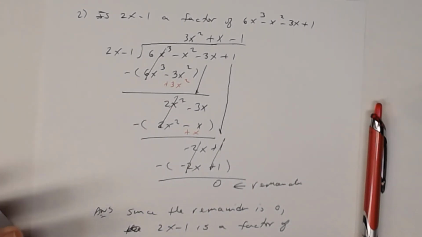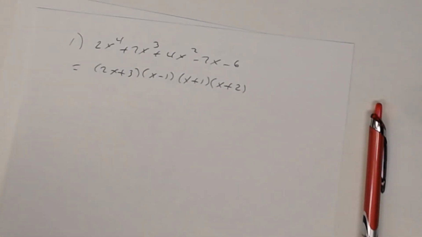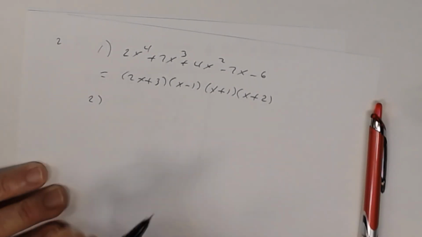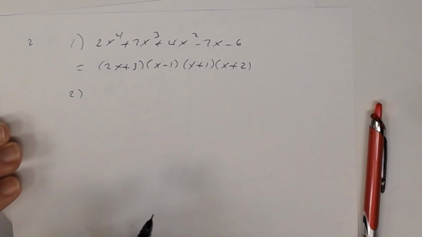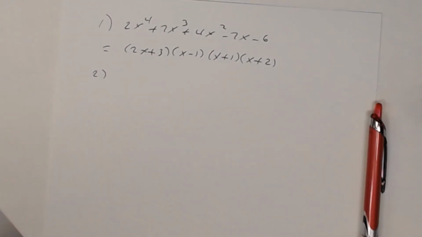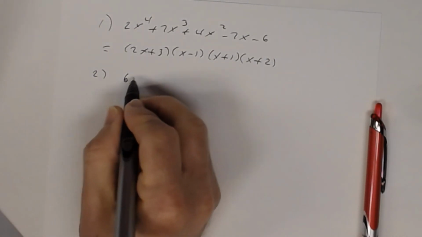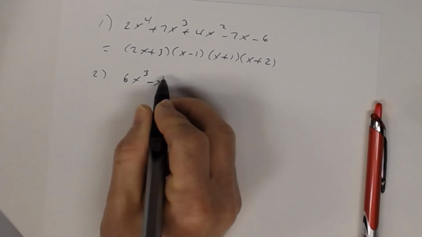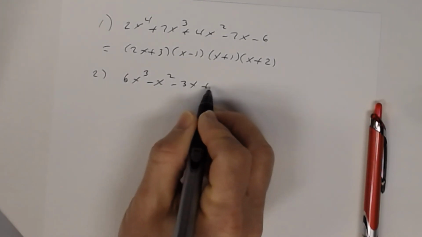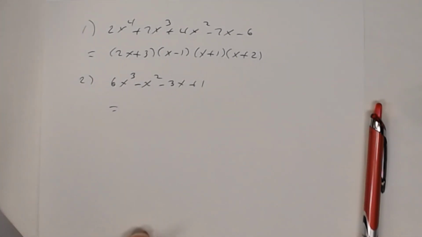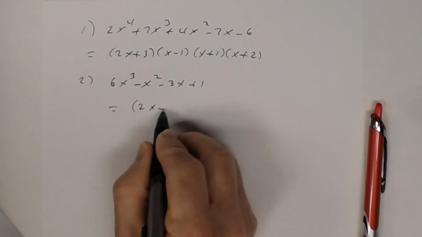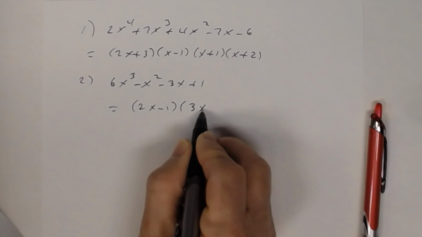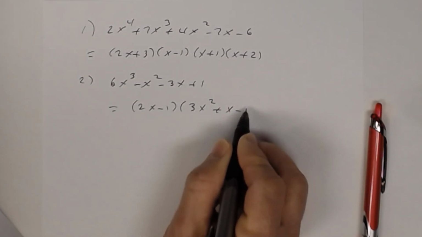Now, just to show you in number 2, if you were to actually factor this out, let me go ahead and write number 2. So you have 6x cubed minus x squared minus 3x plus 1. Over the rational numbers, it factors as 2x minus 1 times 3x squared plus x minus 1.